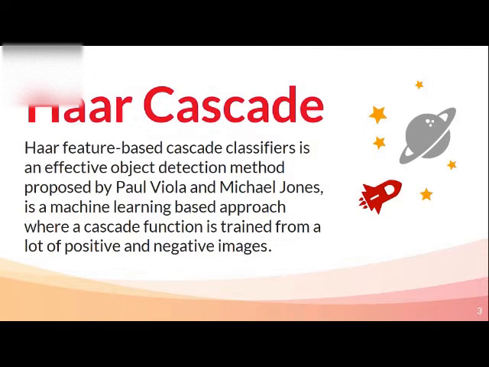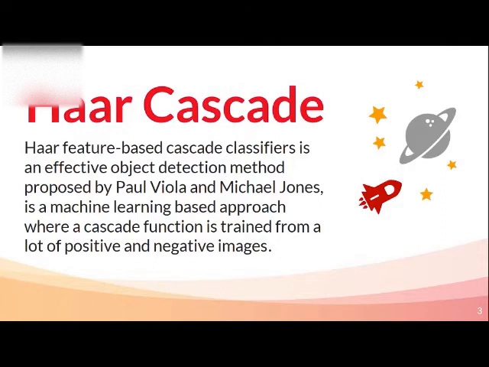Now, why did I choose Haar Cascade only? There are other options available, like LBP and HOG. LBP is local binary pattern and HOG is histogram of oriented gradients.